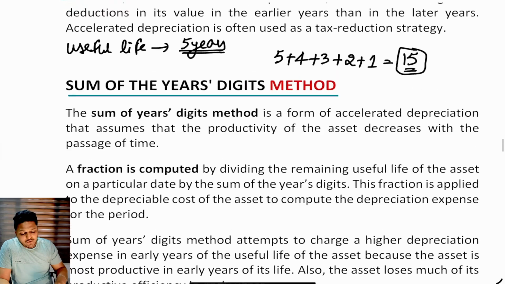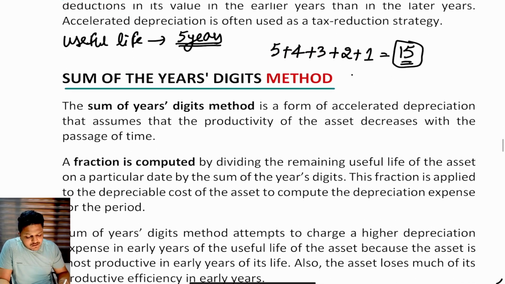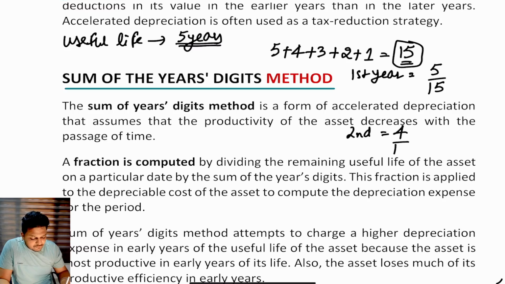Now how are you going to make the fraction for the first year? For the first year, the fraction will be 5 divided by 15, and for the second year, the fraction will be 4 divided by 15, and so on. So the depreciation will be charged as such.